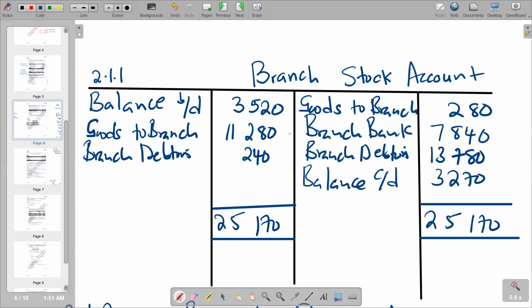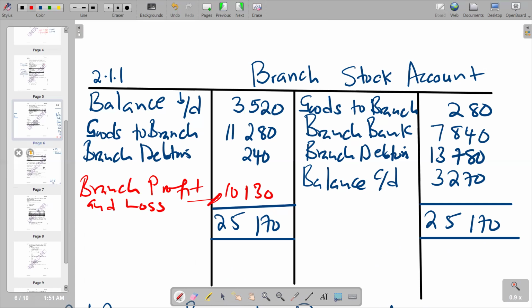So to get the balancing figure, you say 25,170 minus 240 minus 11,208 minus 3,520, and you get a balancing figure of 10,130 branch profit and loss, and the corresponding entry is to credit profit and loss account with 10,130.